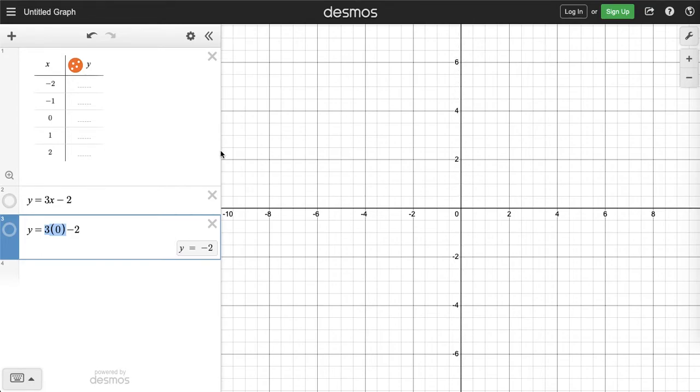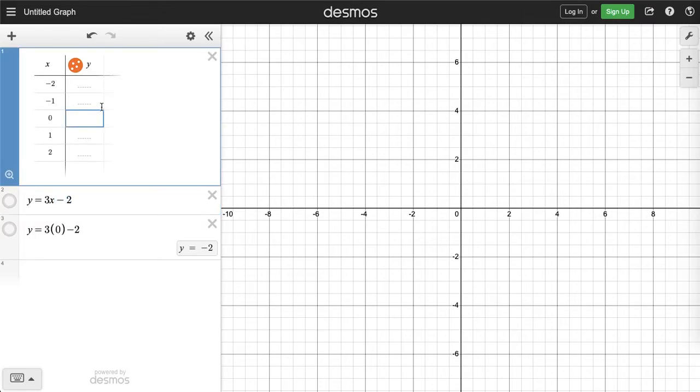And it turns out that the y-intercept always is this constant part of our equation, the thing that's not attached to the variable. So this -2 here is the only thing that's left over. So when x is 0, y is -2, so we get that one simply there.